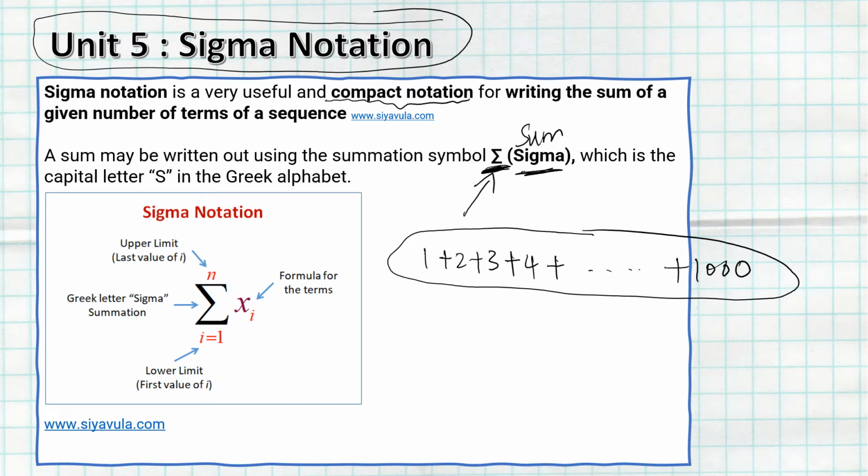We said we use the symbol there, right? So just take a look at this box here, and we just represented how you can do this. In your sigma notation, obviously it's going to have that symbol representing the sigma or the sum, right? So it's representing the summation.